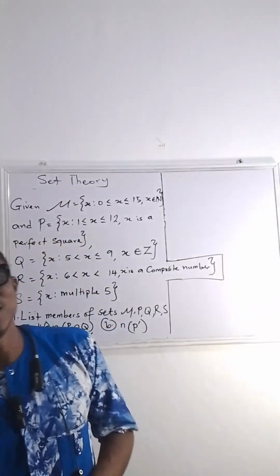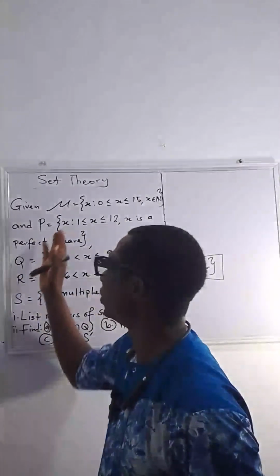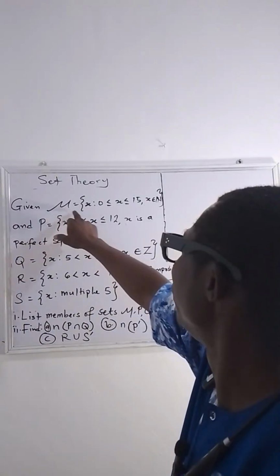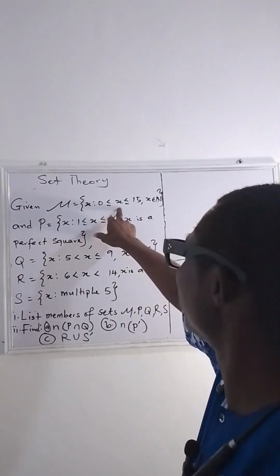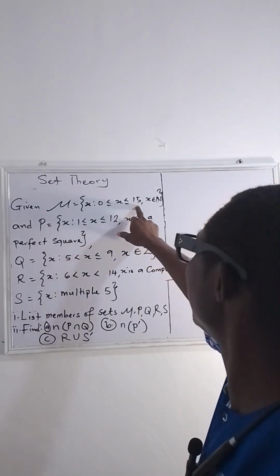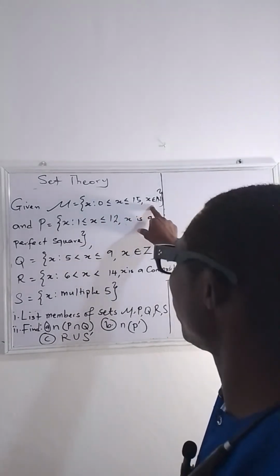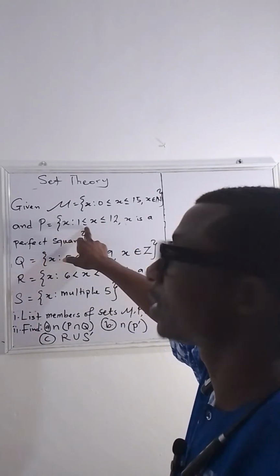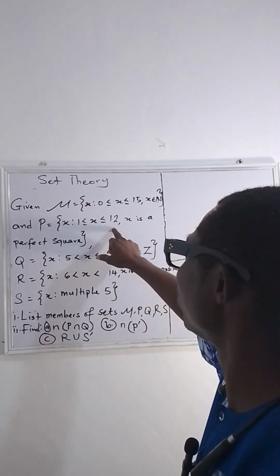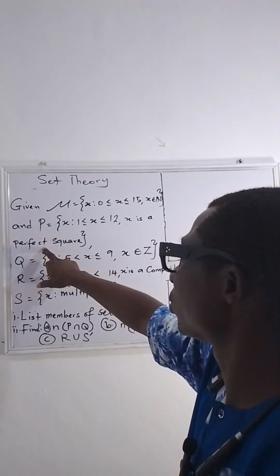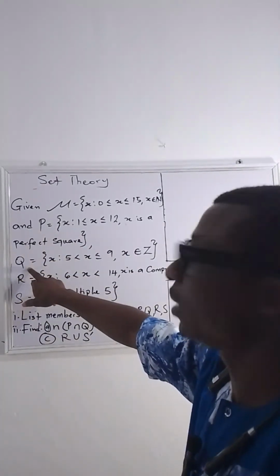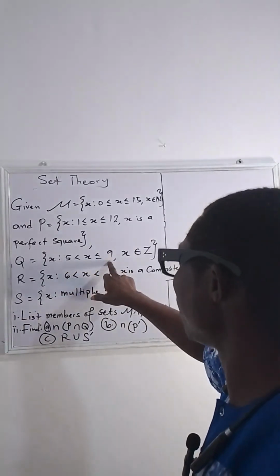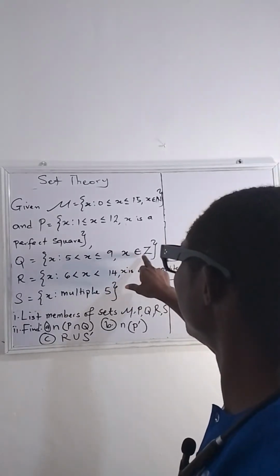Now let us look at the question we have on the board. You are given U to be the set of x such that 0 is less than or equal to x less than or equal to 15, where x is a natural number, and P is the set of x such that 1 is less than or equal to x less than or equal to 12, where x is a perfect square. Q is the set of x such that 5 is less than x less than or equal to 9, where x is an integer.